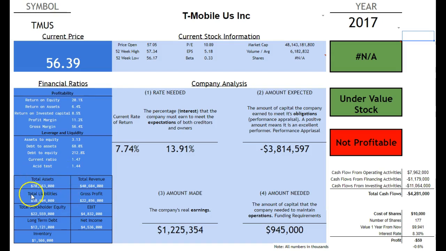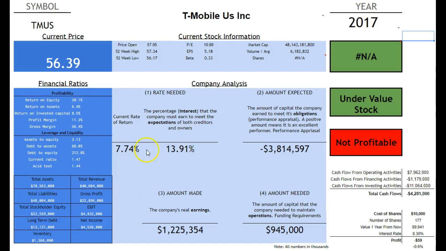Basically, it's the numbers from the three different financial statements, and at the end, the profitability ratios and leverage and liquidity ratios are nothing more than one number divided by another number. I hope that the explanation makes sense. If I were to break everything down into minute details, it would take a long time.